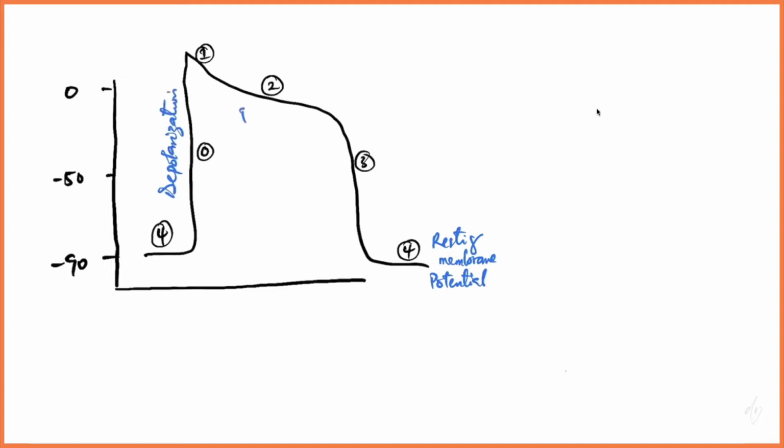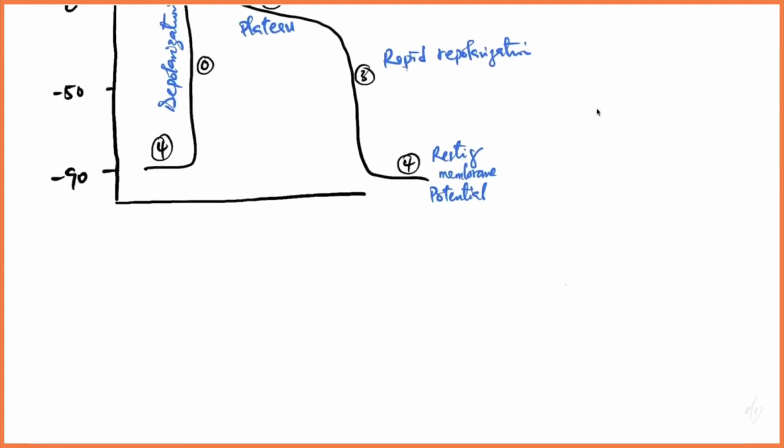Phase 2 was the plateau. We had that sharp dip in phase 1, and we'll see why that was there, right? And then we have the rapid repolarization, phase 3. So you want to remember these different phases. More importantly, we want to know why each of these phases occur and what is responsible for them.